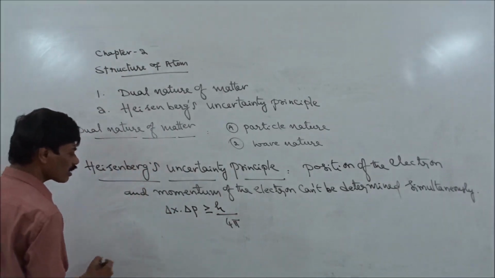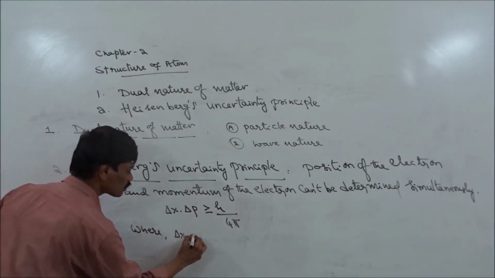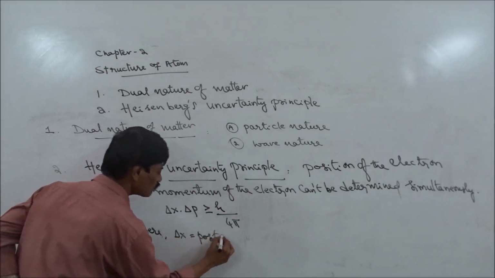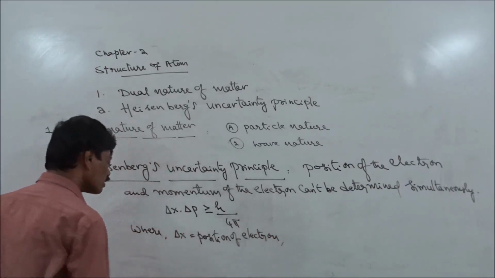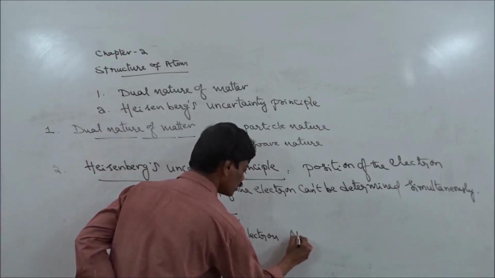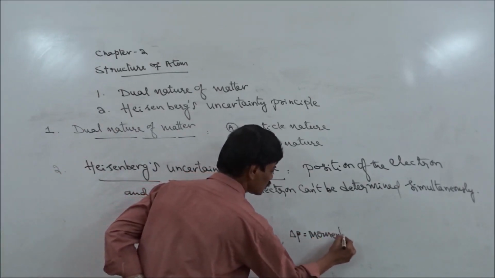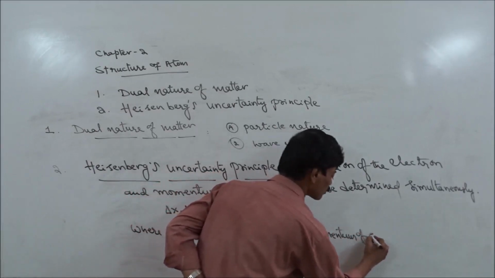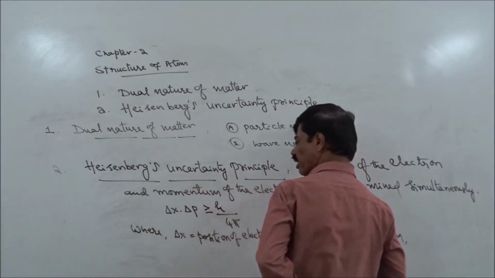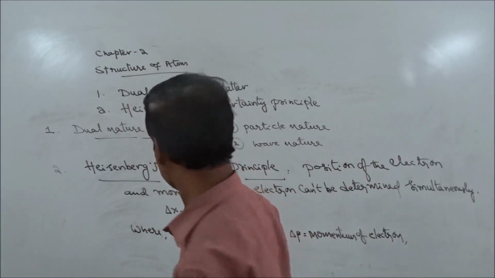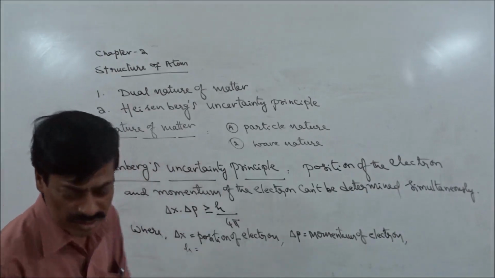Here delta x stands for position of electron, delta p stands for momentum of electron, and h is a constant, Planck's constant.